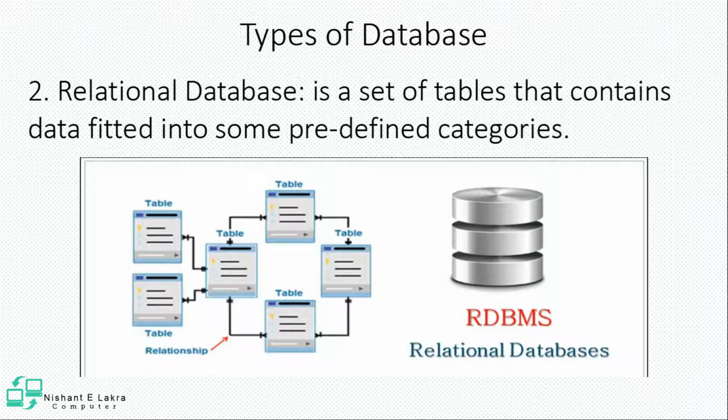That means we have different tables in this, and the information of the tables is related or connected to each other, like you can see in the diagram. Those connecting lines are the relationships between the tables and the information present in the tables. So this is a relational database, which is also known as RDBMS, Relational Database Management System.